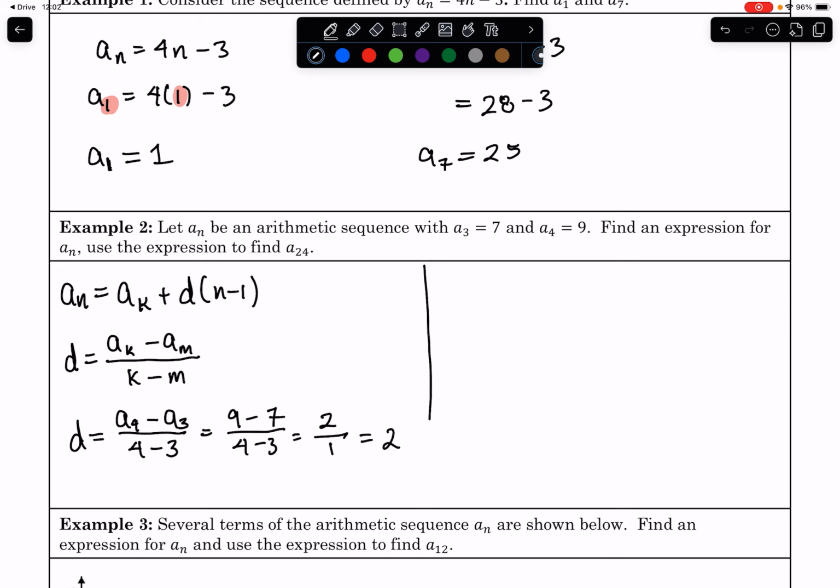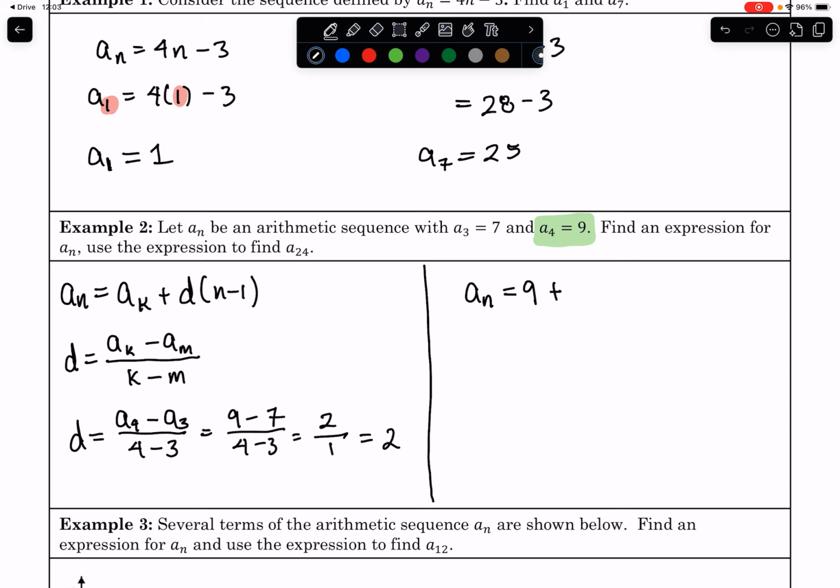So there. Now that I know what the common difference is, I can figure out what the formula is. A sub n is going to be a sub k. You always make the k value the larger value right here. So this one right here is going to be my a sub k. So I'm going to replace this value in our function with this number right there, 9.